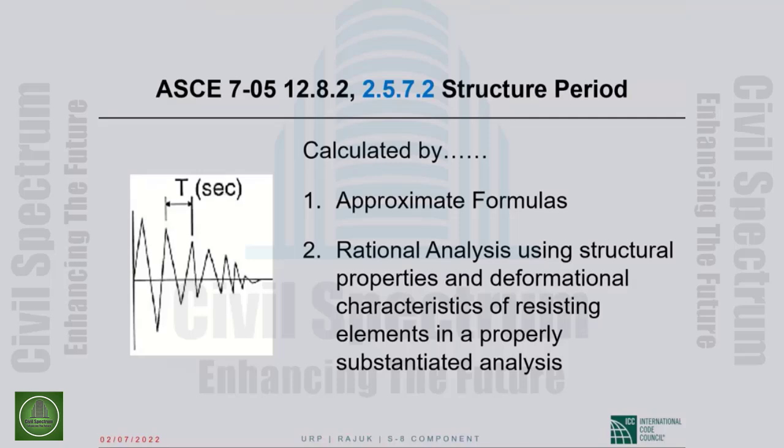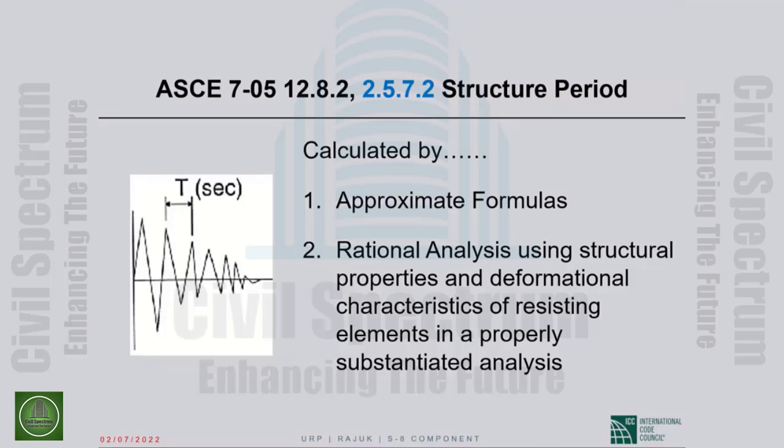So without a period, we cannot calculate the base shear, and without a base shear, we cannot design our structure. So we cannot determine period. So this is a classic chicken and egg situation.